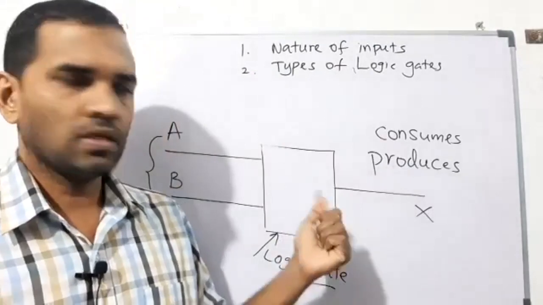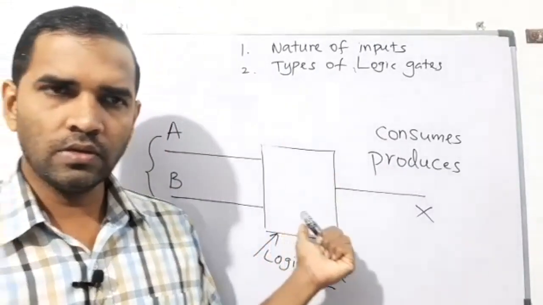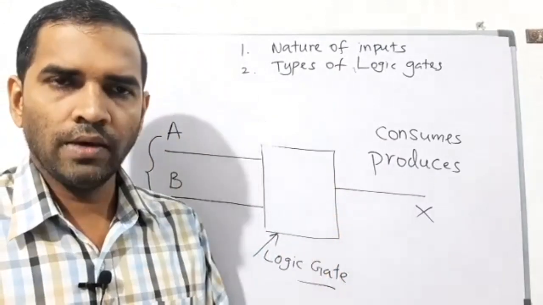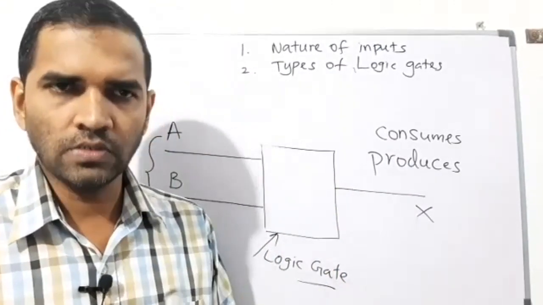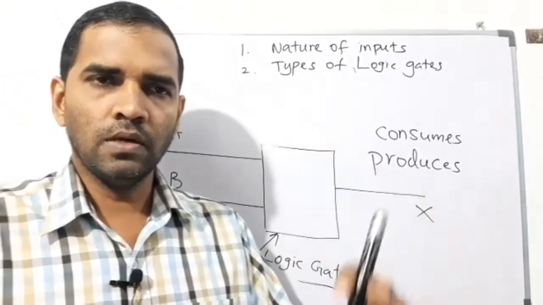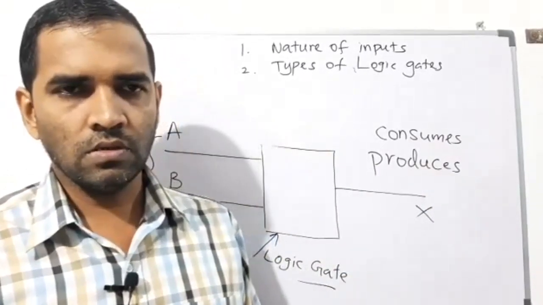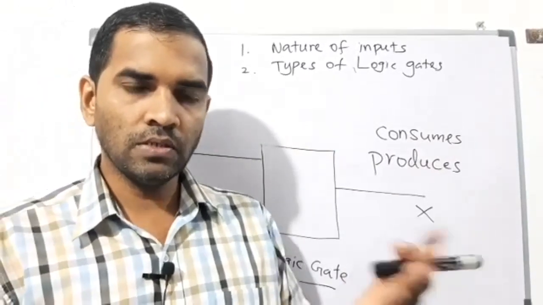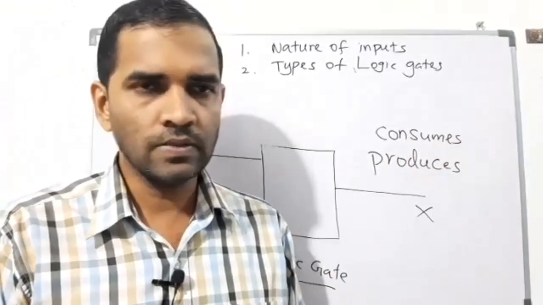Types of logic gates means, as I told you earlier, this is only a block diagram. This is not the exact logic gate. So we have some gates in electronics, and every gate decides a different output, because they have different functions. So based on the function, you will get different results.